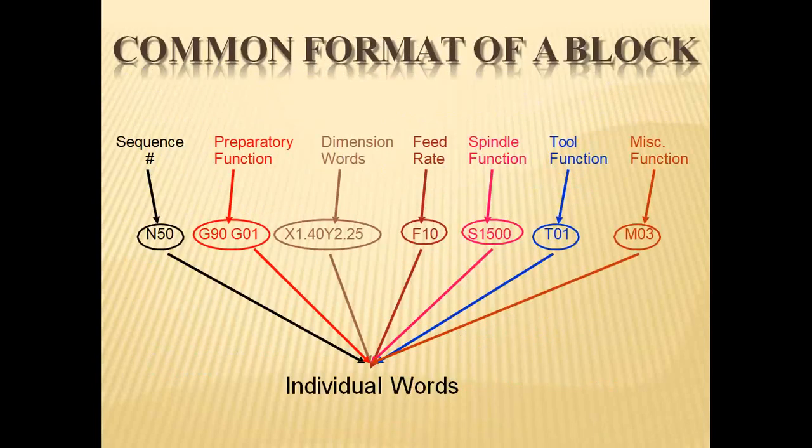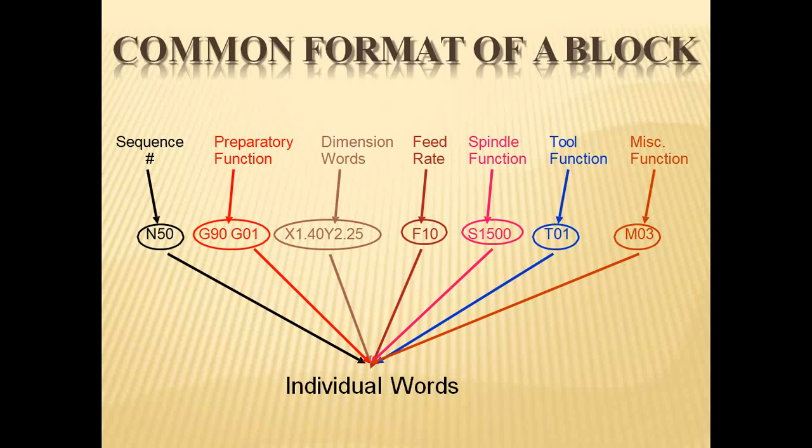Now how to write a program. As I said, the program consists of a series of instructions. The instructions can be given initially with a block number, a preparatory function, dimension words, feed rate, spindle function, tool function and miscellaneous function. If you look here, N50 is the block number.